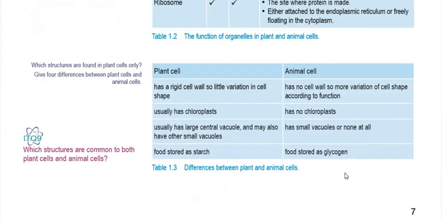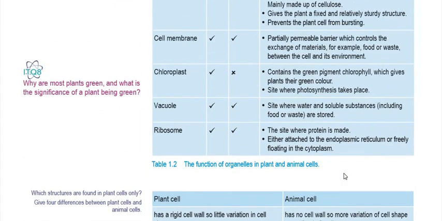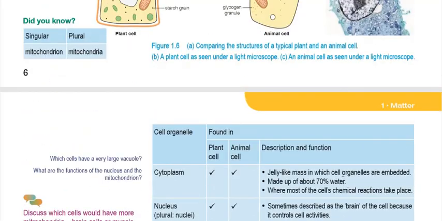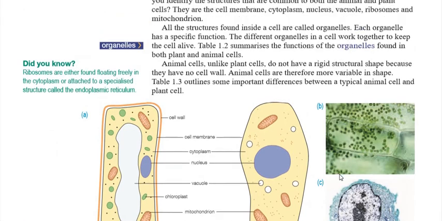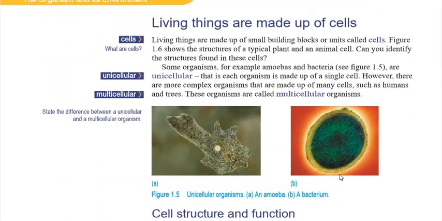So that brings us to the end of our lesson today. And what you're going to do for me in your notebook, you are going to define cell, define unicellular organism and multicellular organism.